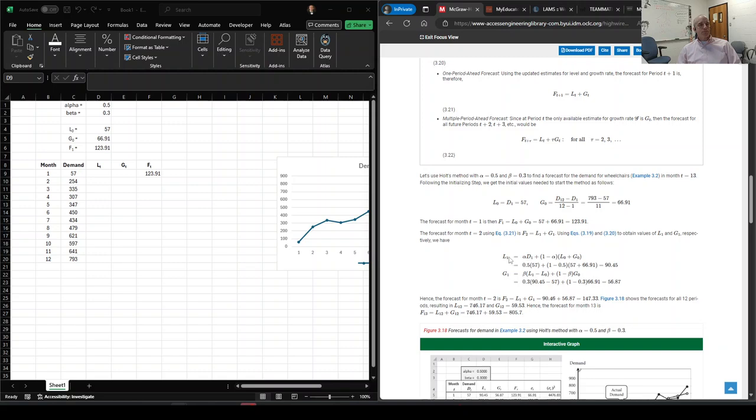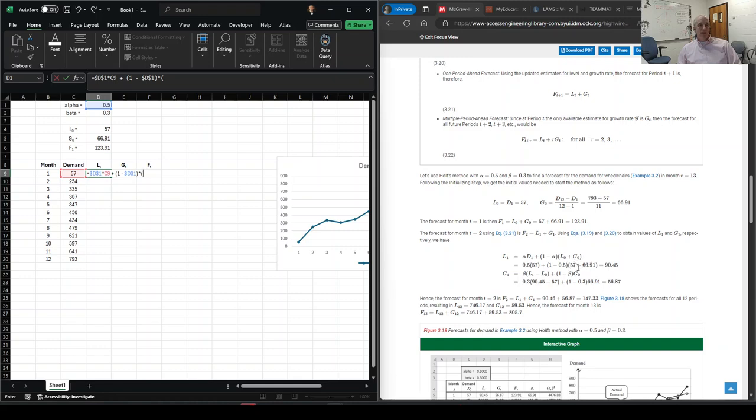So for the base level demand of month 1, we'll do equals. We're going to go grab the alpha. I will anchor that. We're going to multiply that by the actual demand, this is 57, D1, 57, plus 1 minus the alpha, I'll anchor that, times the base level demand plus the growth rate, which is what?